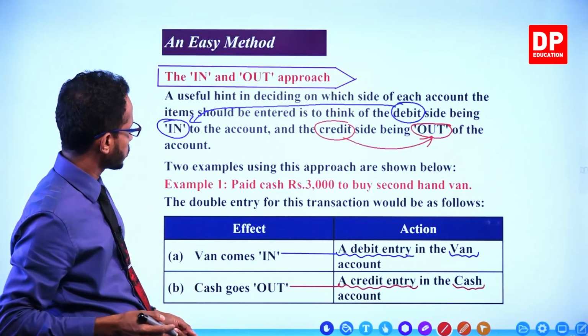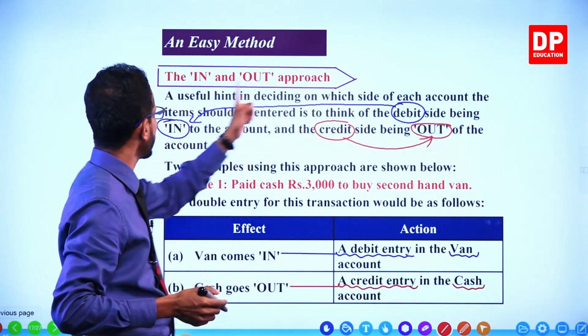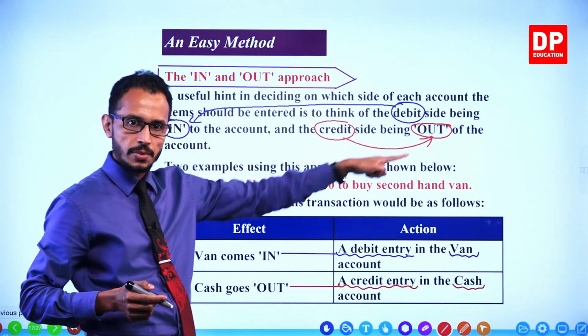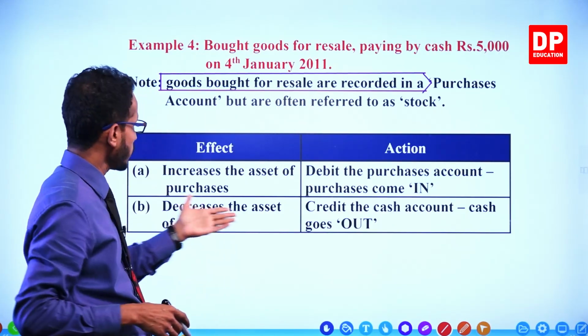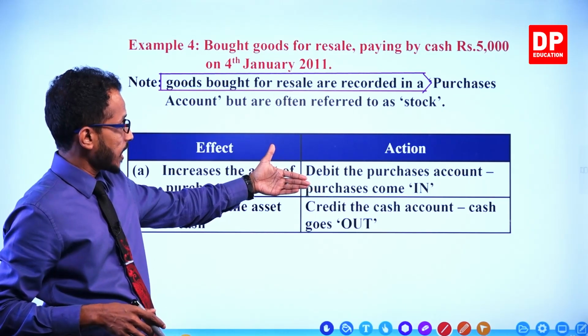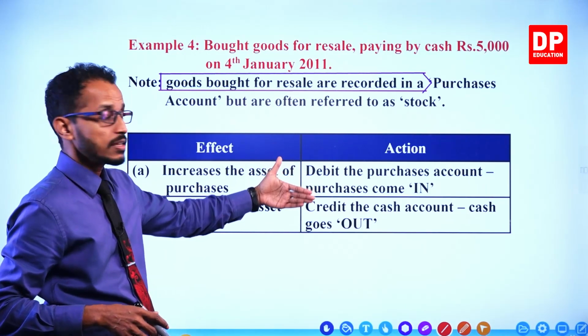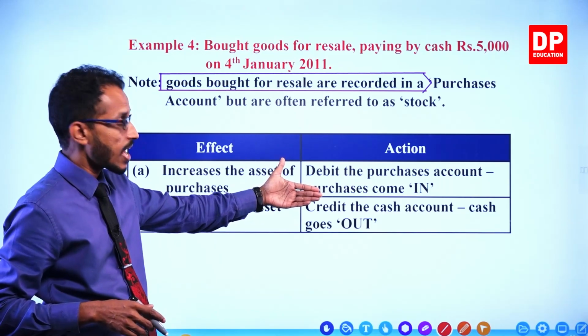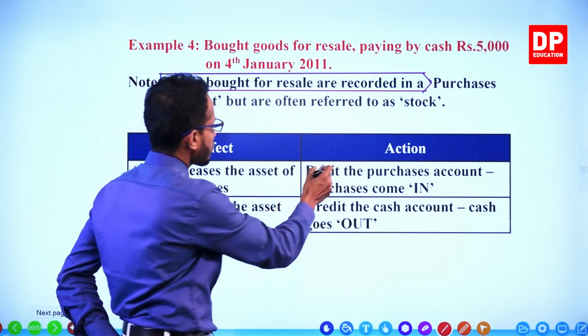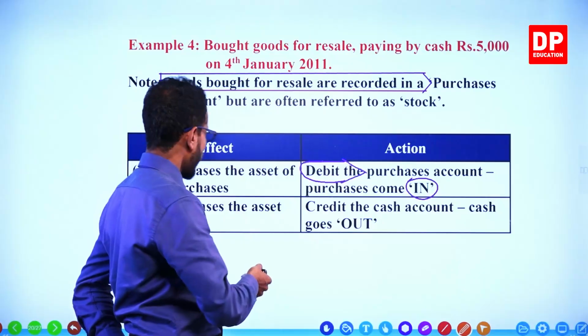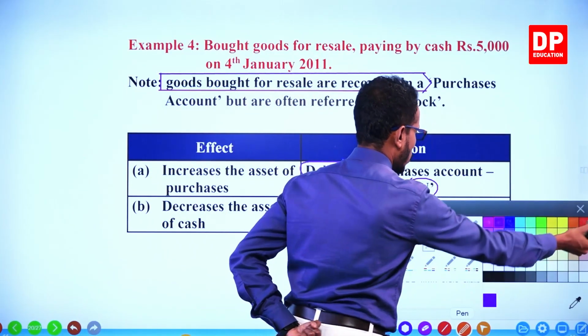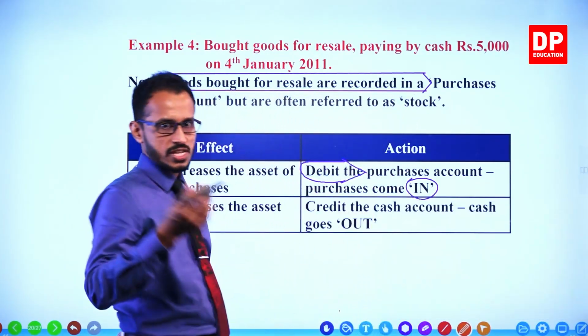We marked it here. Debit in, credit out. Okay. Likewise, we will consider the goods coming in as a debit entry. See? Okay. Debit to the Purchases Account. In to the debit side. And out goes the cash because we have to pay for the goods that we purchased.